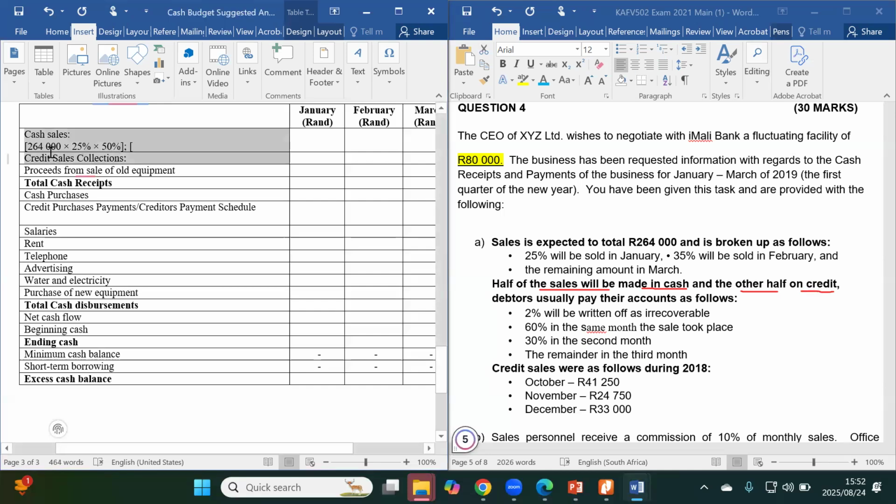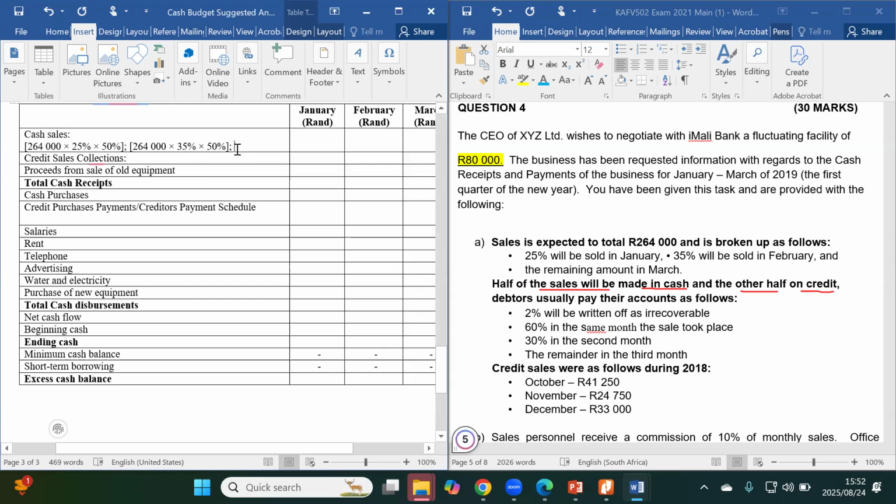So the other one is there's just going to be a slight change in our percentage in the middle there. So what I'll do, I'll just take this as it is just for the sake of time. So it will be 264,000, not this time multiplied by 25, but this time it will be multiplied by this 35% and still again multiplied by 50.